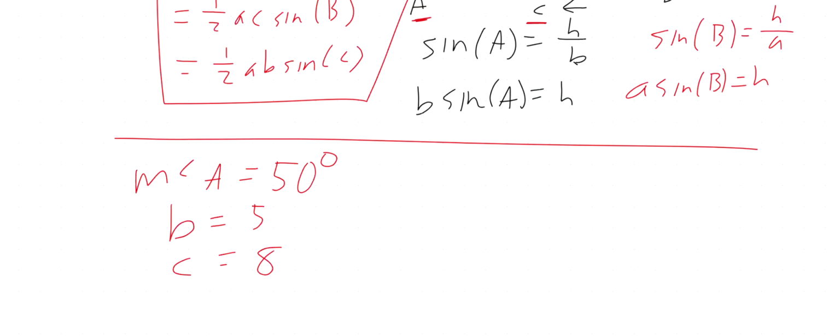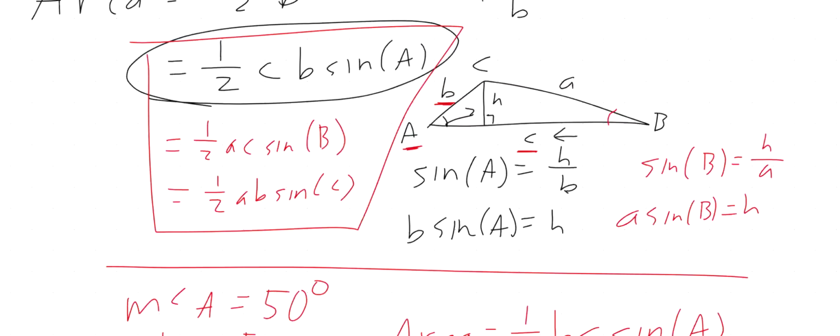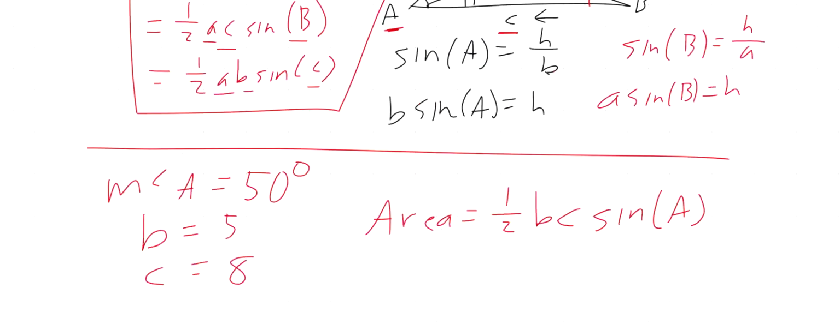Therefore our area is going to be 1/2 B times C times sine of A. By the way, notice on all of these equations that each one has an A, a B, and a C, so something is represented from each of our letters there.